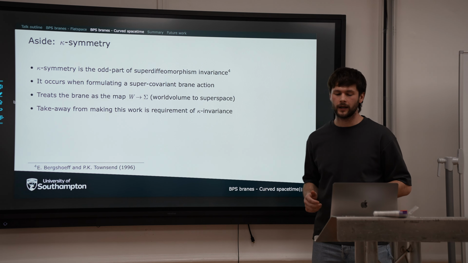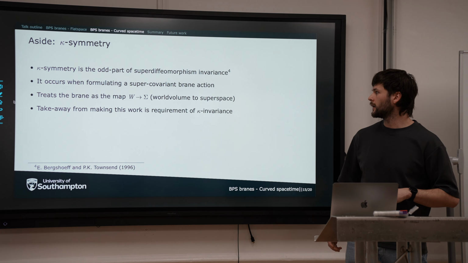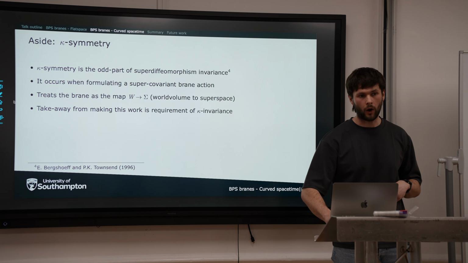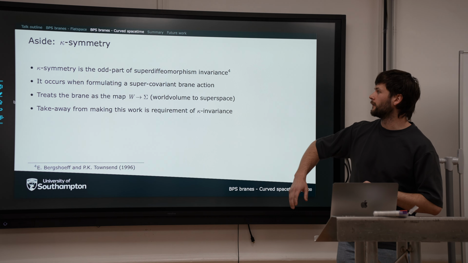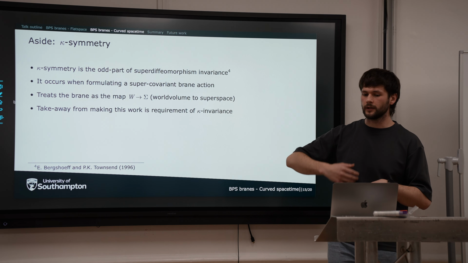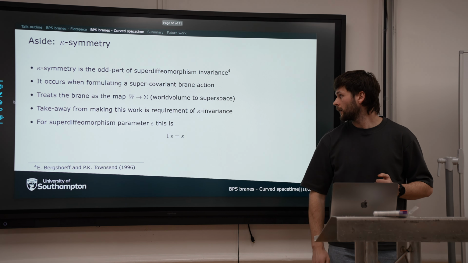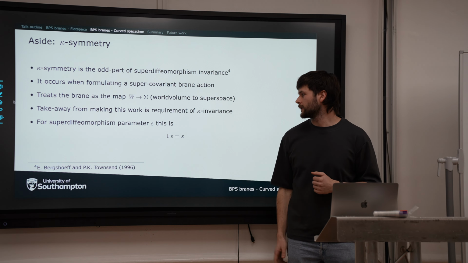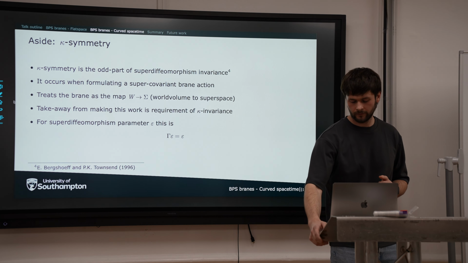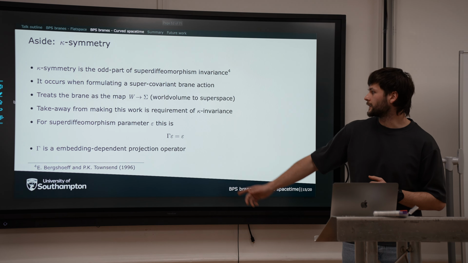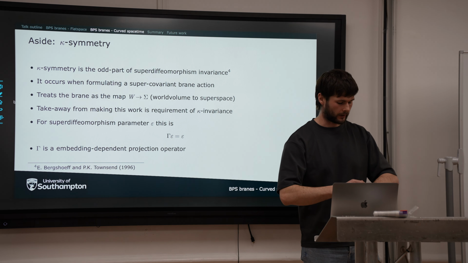But the requirement of making this work is essentially what kappa invariance is. So it's the odd part of diffeomorphism invariance if you want to make an action which is not only diffeomorphism invariant, but superdiffeomorphism invariant. And so again, the punchline is this projection condition, where this gamma is an embedding-dependent projection operator.